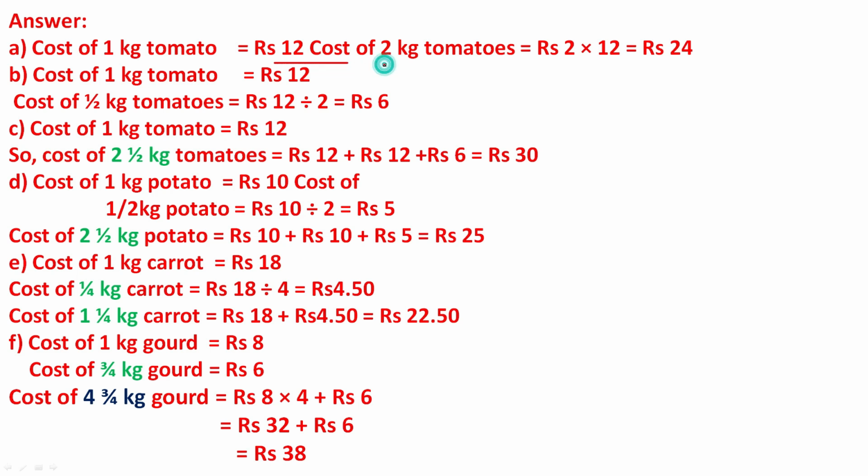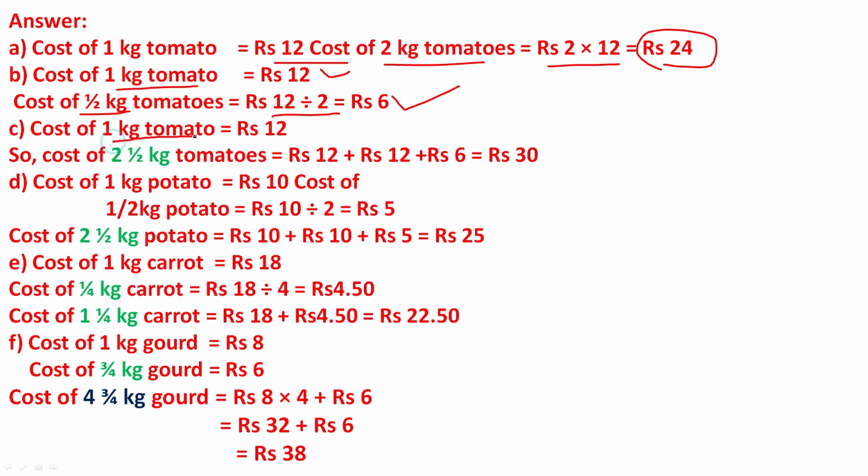So 2 kilogram of tomato is equal to 12 multiplied by 2 is equal to 24 rupees for the first question. Second one, cost of 1 kilogram of tomato is 12 rupees. Half kilogram you have to find, so 12 divided by 2 is equal to 6 rupees for half kg.